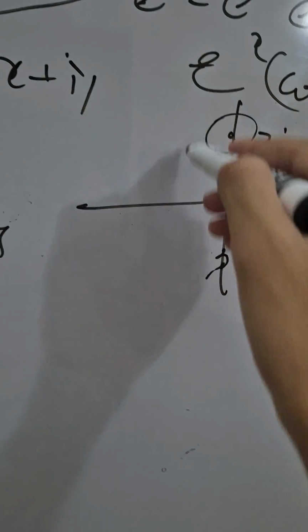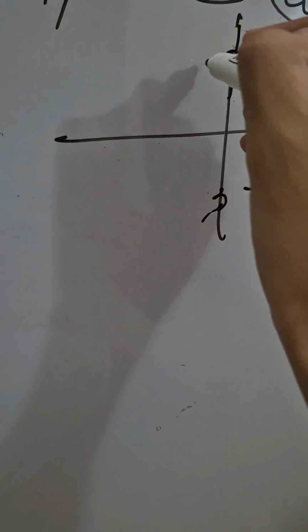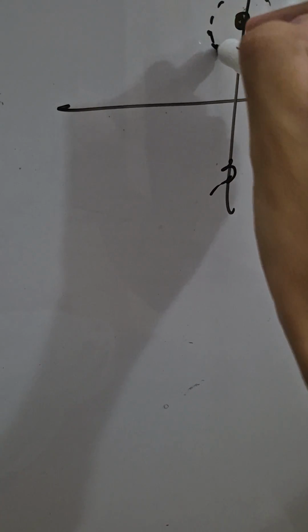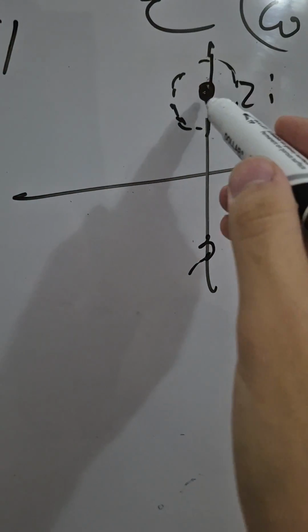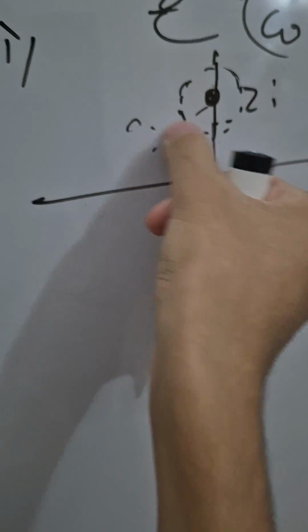It's not analytic here. So what we do in complex analysis is draw a little deleted neighborhood, or a small circle of radius epsilon, where epsilon is greater than 0 but a very small number.